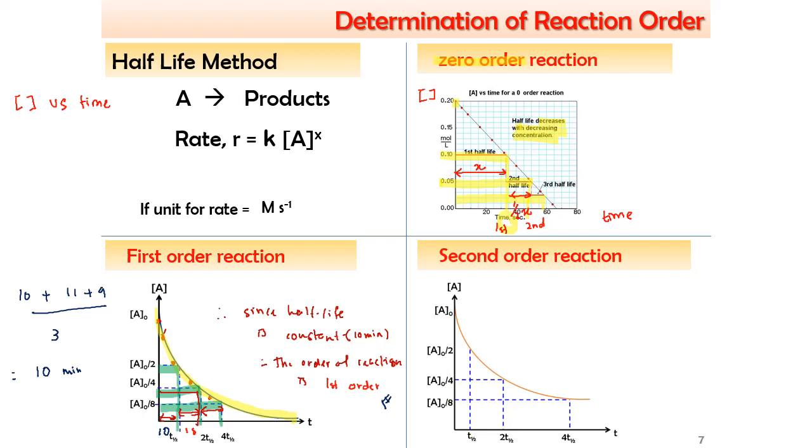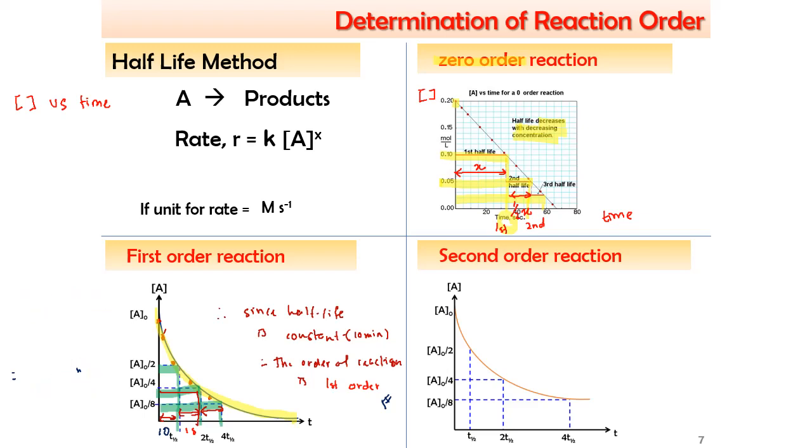So when you find ataupun cari calculate the average, kamu akan dapat value yang agak jauh daripada 10 minutes. So from there you can see that it is not a first order lah.